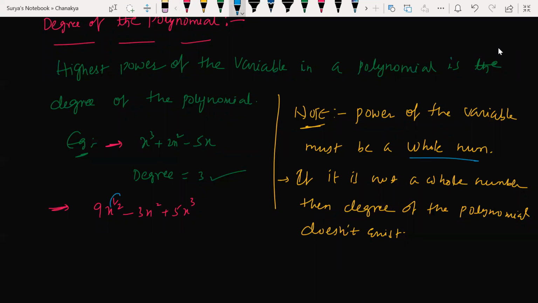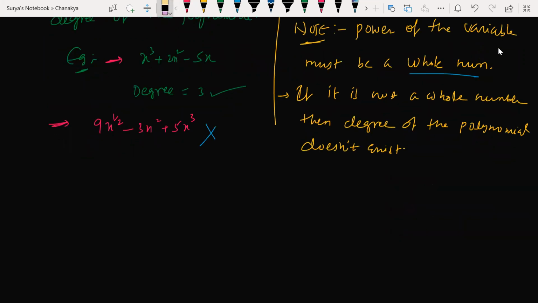The power of x here is not a whole number. So degree is not defined here. Clear? Sir, it's not a polynomial and there's no degree, right? Yes. If it is not a polynomial, then how can degree be possible? There is no possibility of defining a degree.